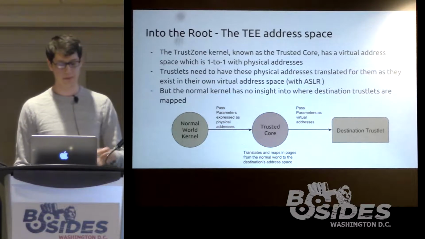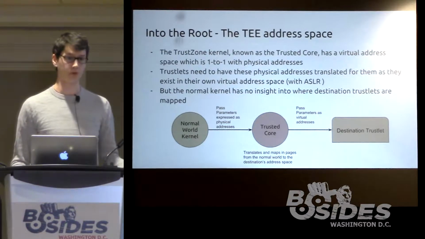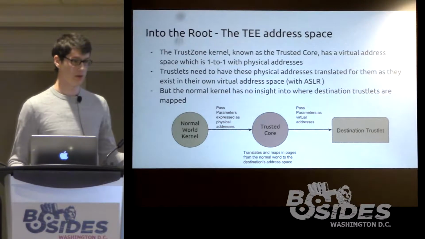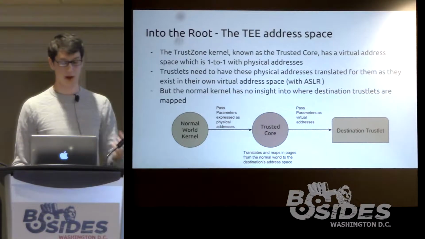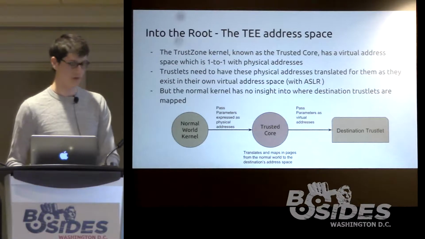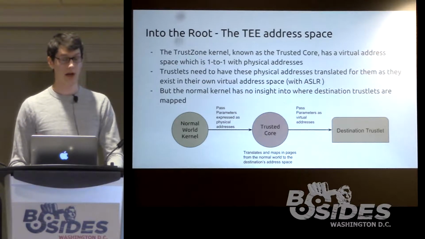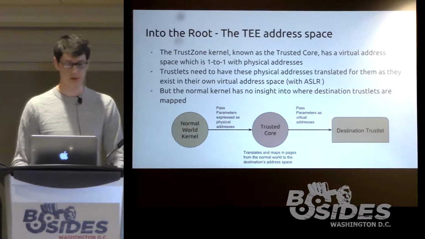Well, excuse me, to convert them on one side. The normal world kernel is going to handle converting them on its side before passing them to the trusted core. So this introduces some issues. In particular, it means they actually have to handle converting the virtual addresses we pass in into physical addresses.